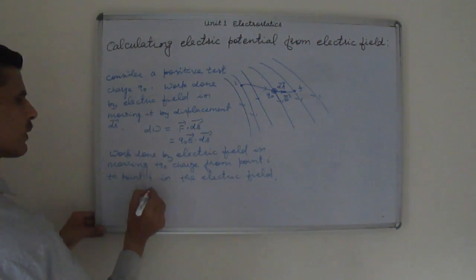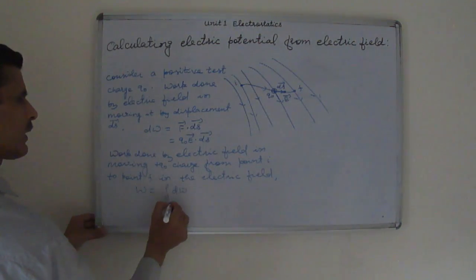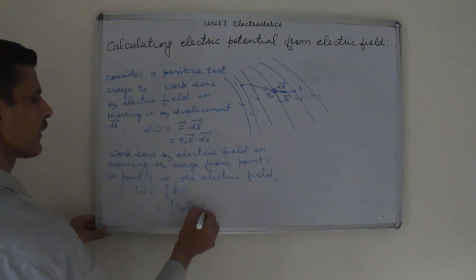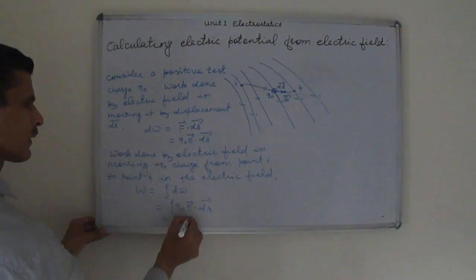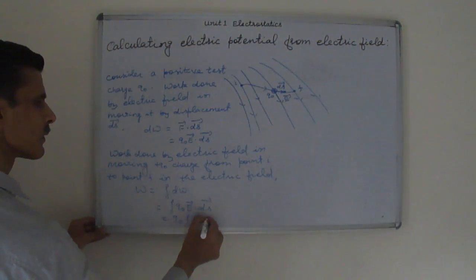W is equal to, so integration dw, and it is equal to integration Q naught E dot ds vector, and you can say Q naught integration E dot ds.